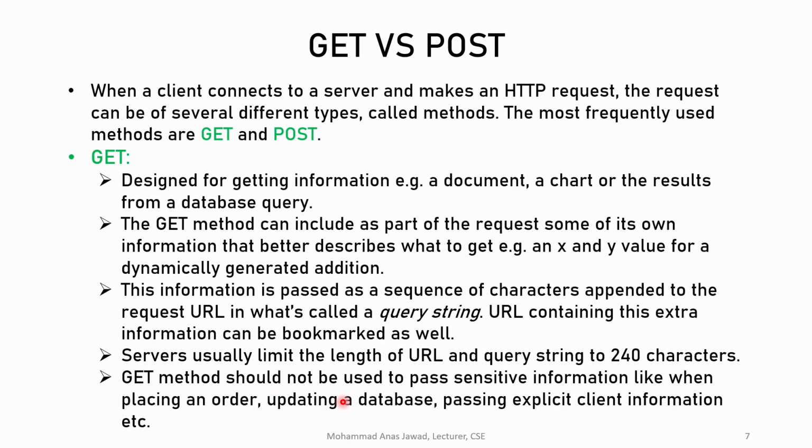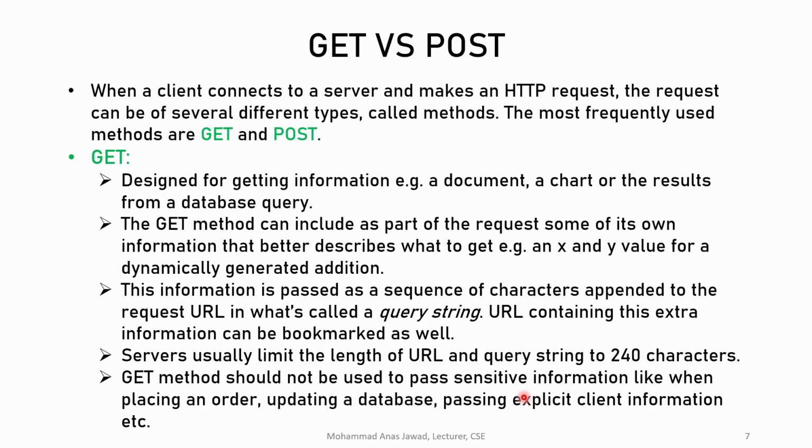Get method should not be used to pass sensitive information like when placing an order, updating a database, passing explicit client information, etc. So obviously, since this information will be appended to your request URL, you do not really want to pass sensitive information through your get method. All right. For that, we will be using the post method, as we will be seeing later on.